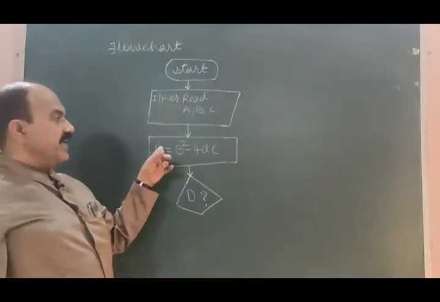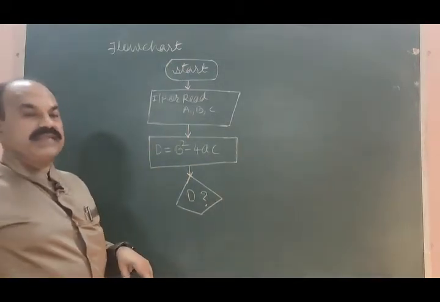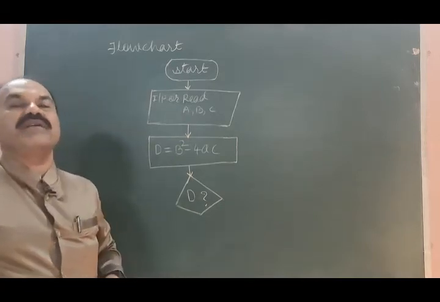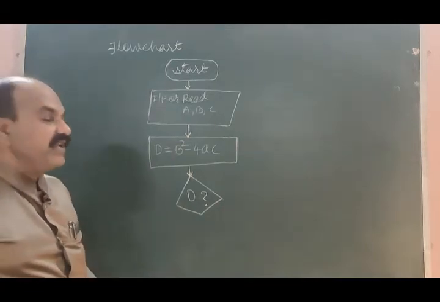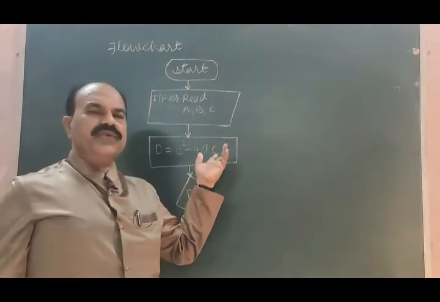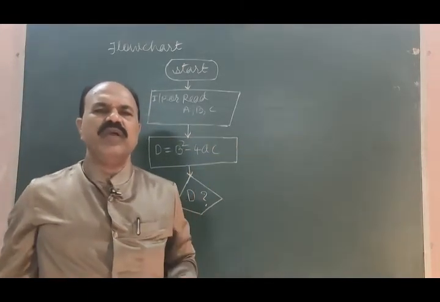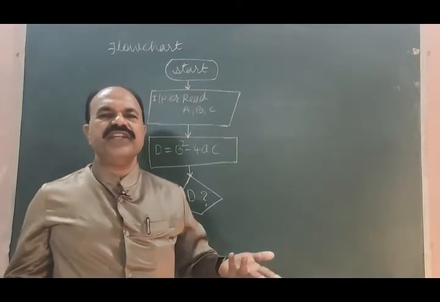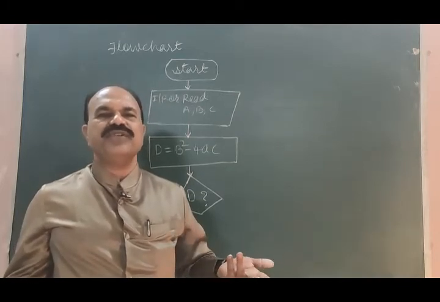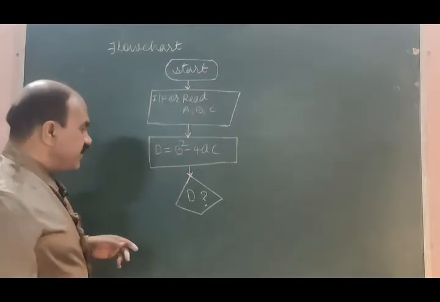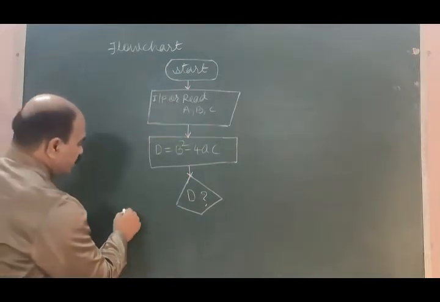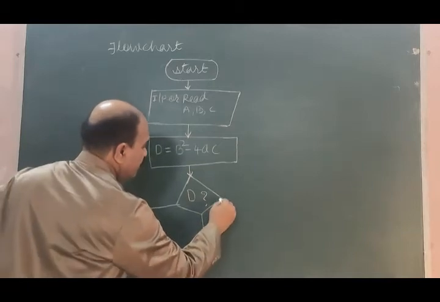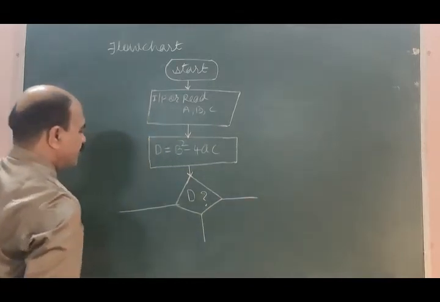You have calculated D. Now after D I put a question mark. What does this mean? You calculated D, you found the value of D. What is D? Whether it is negative, 0 or positive. It means that you have to take 3 arrows, one from this, other from this, other from this.